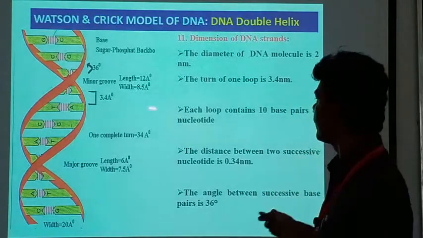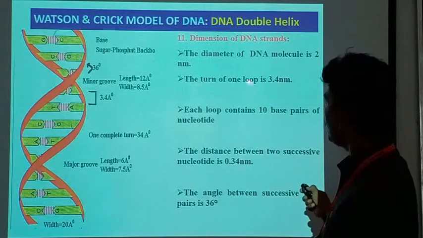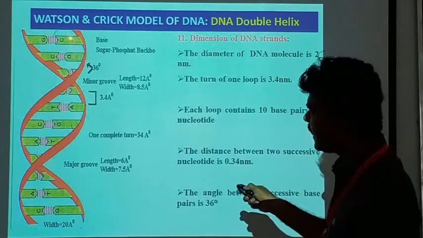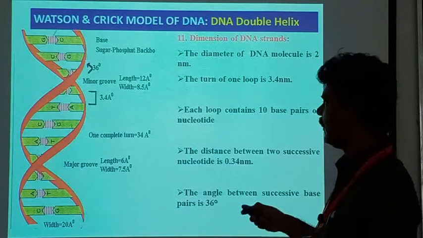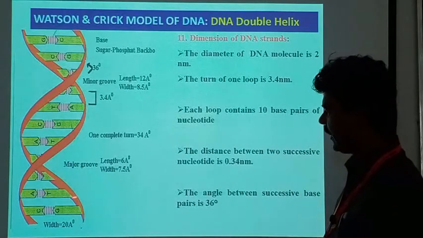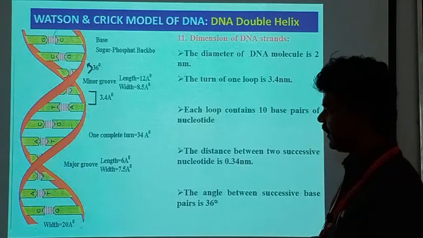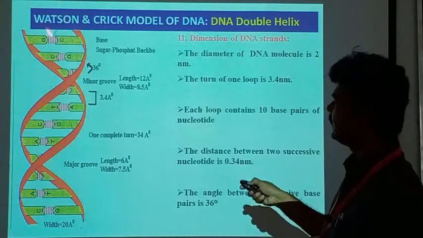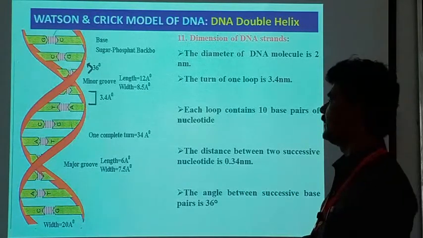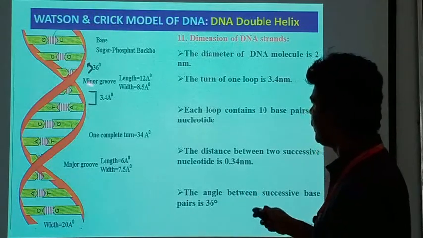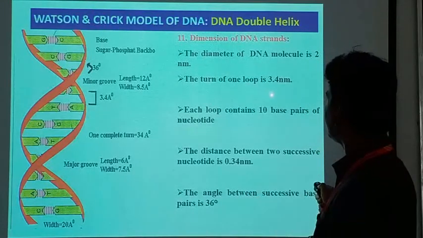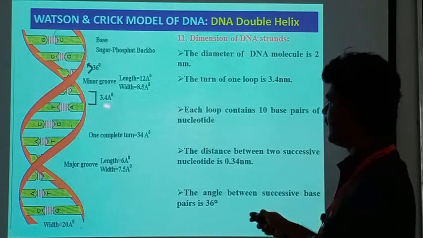Then, the turn of one loop. The DNA strand consists of a number of loops. One loop, the second loop and third loop. In this way, there are a number of loops on the DNA strand. According to Watson and Crick, each loop consists of 10 base pairs.